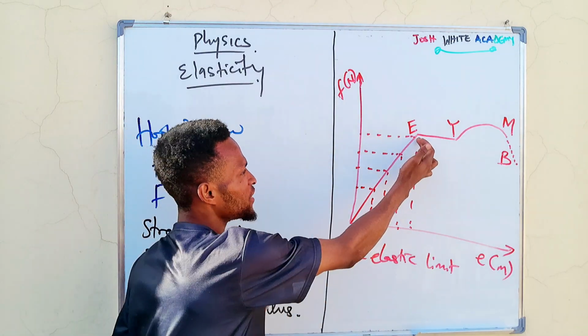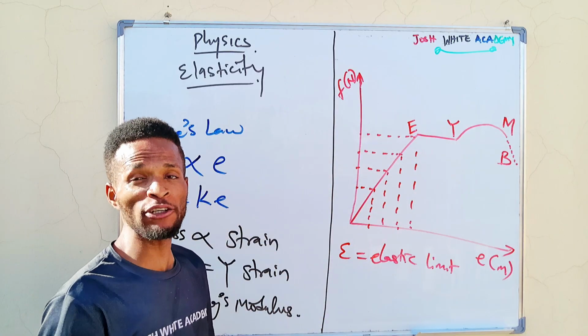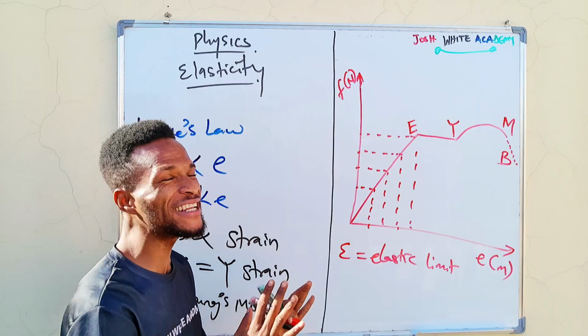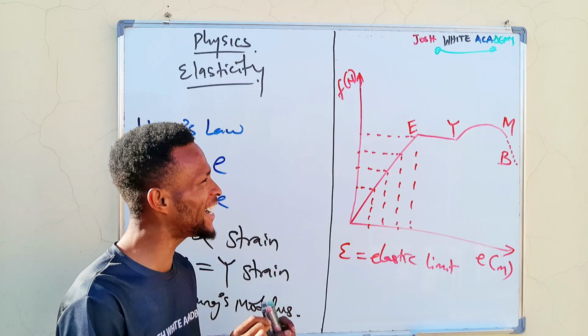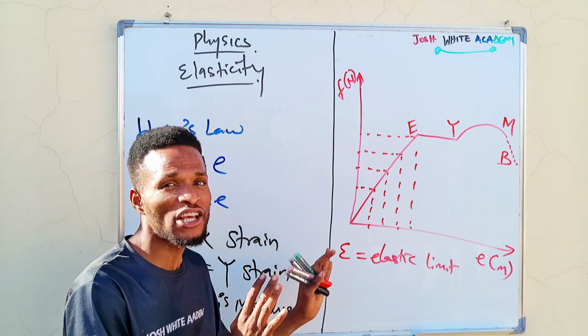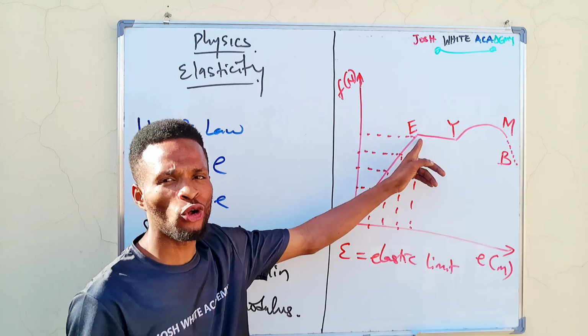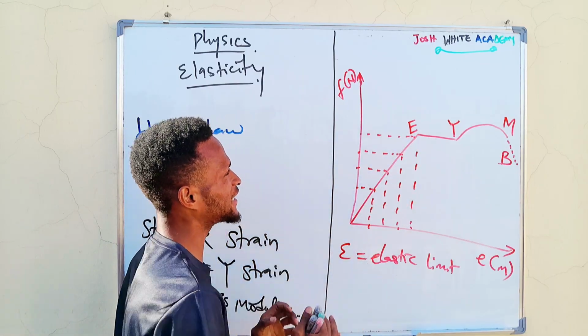So at this point, Hooke's law is obeyed. That's why your statement of Hooke's law is not correct unless you add that provided the elastic limit of a material is not exceeded. Because if it is exceeded, Hooke's law no longer holds. So E is the elastic limit.